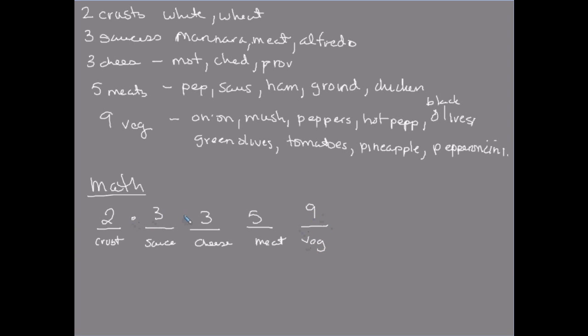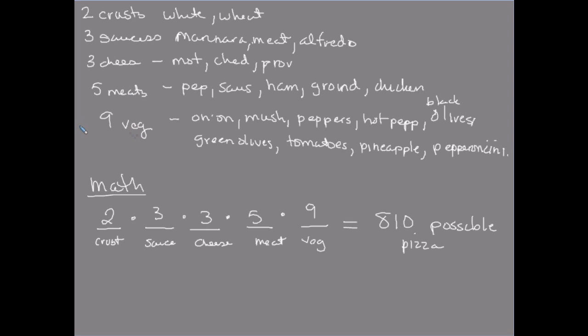And we multiply these numbers together, and this will give us our total number of possible pizzas. So 2 times 3 times 3 times 5 times 9 gives us 810 possible combinations of pizza. And that is if we pick 1 crust, 1 sauce, 1 cheese, 1 meat, and 1 vegetable.